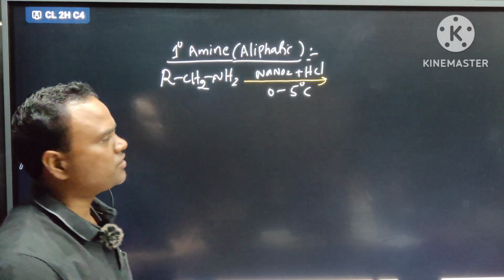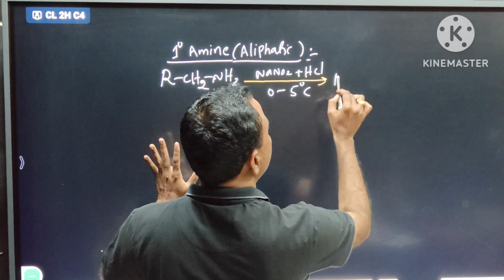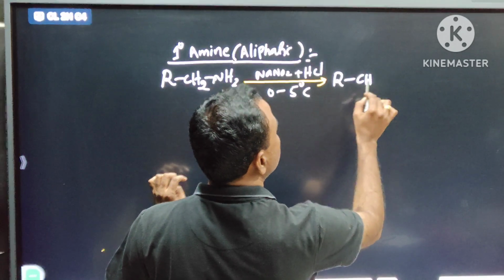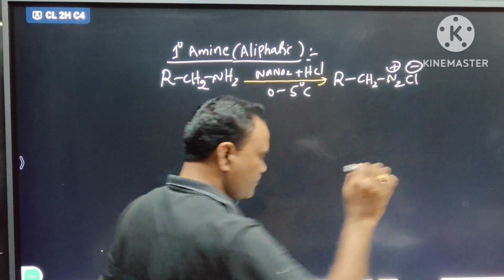Before releasing nitrogen, let us see what happens. First they produce unstable diazonium salt, very important.